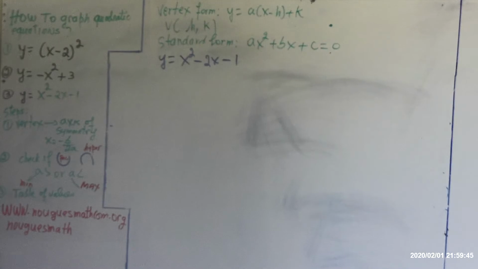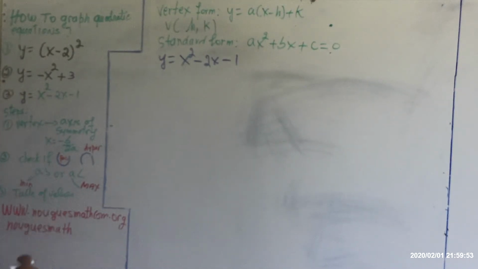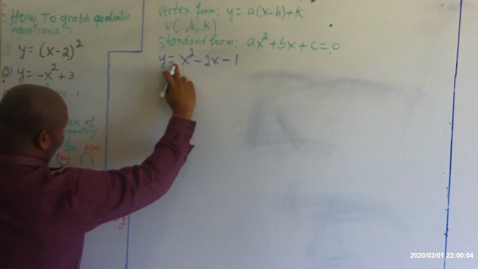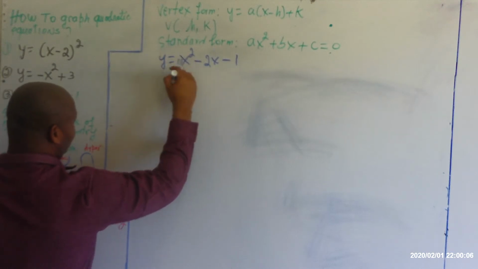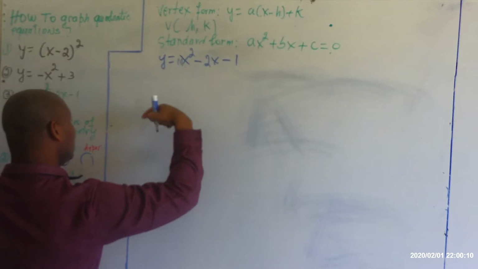Second step, I will check where the graph is going. We need to check if your graph is going up or down. This is how we check. If a is greater than 0, my graph is going up. For example, you see a, the coefficient. If the coefficient is positive, my graph is going up.